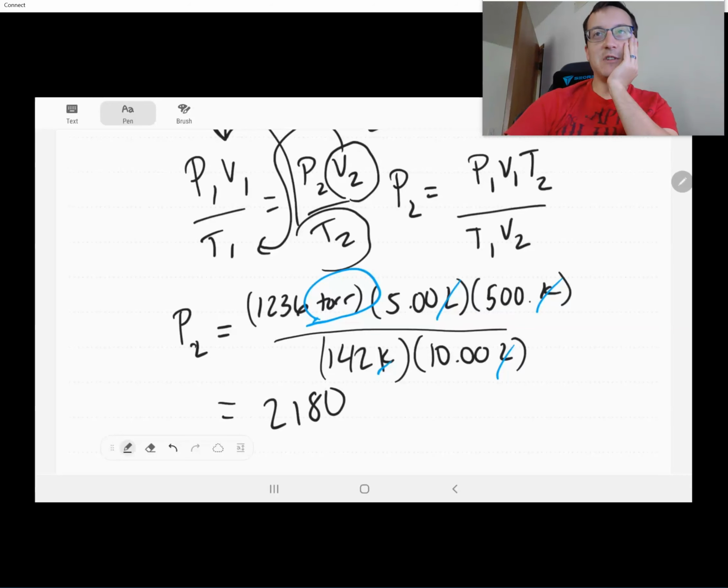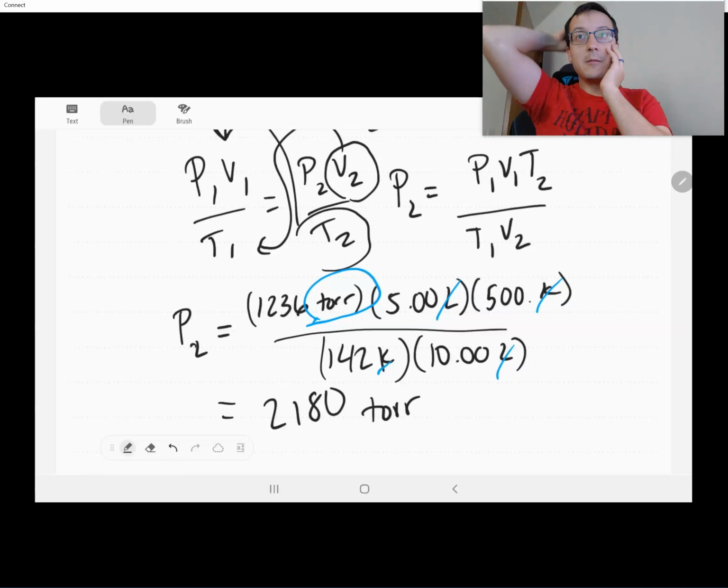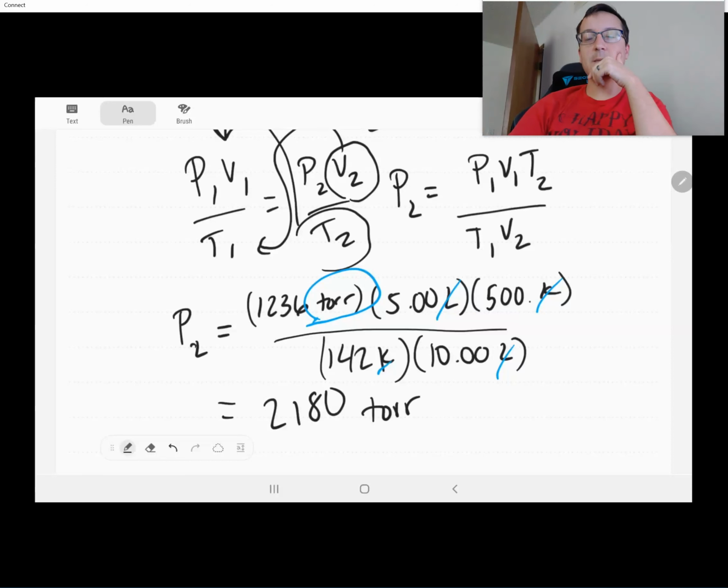And I like that Marissa has already applied her sig figs. That's awesome. Okay, so you guys look like you're calculating correctly. That's awesome. But we will round it to 3 sig figs, because 5 liters and 500 kelvins and 142 are all 3 sig figs. The other 2 numbers are 4. So we're going to want to do 3 sig figs.